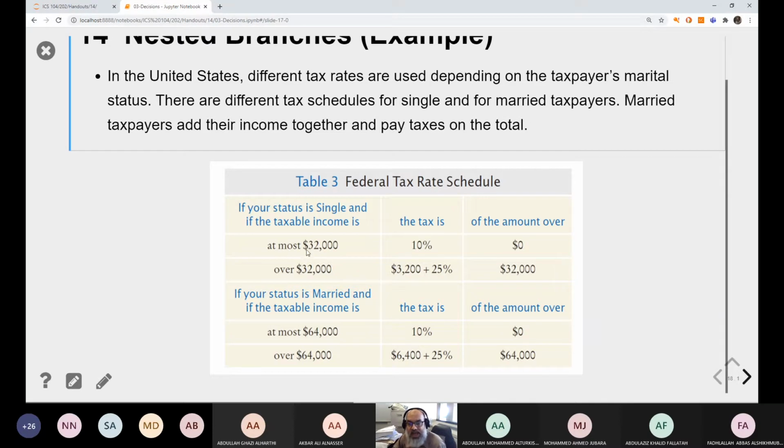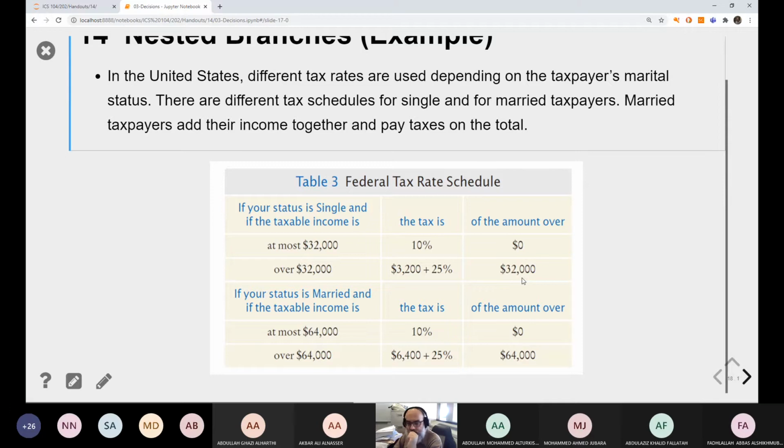If his income is at most $32,000 a year, then the tax will be 10% of whatever he earns. طيب, what if it was more than 32,000? Well, then it will be 3,200, which is the 10% of the 32,000, plus 25% of the amount over 32,000.